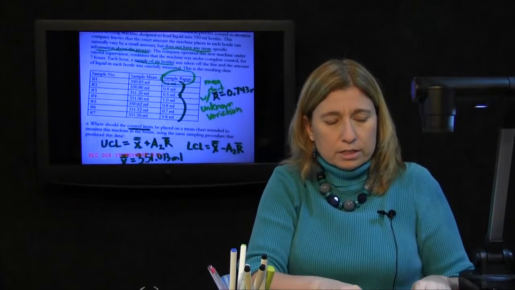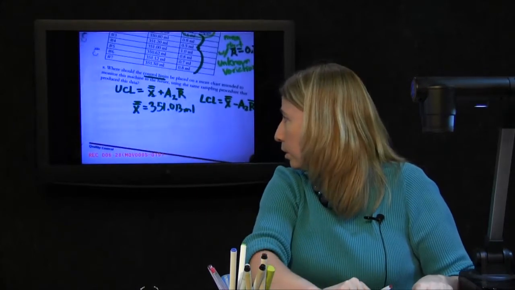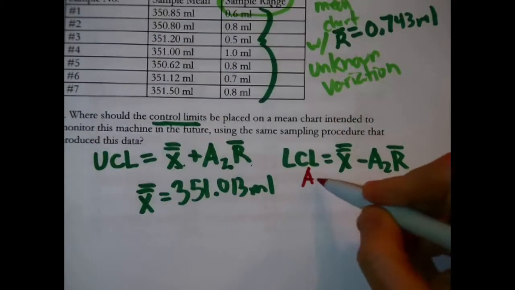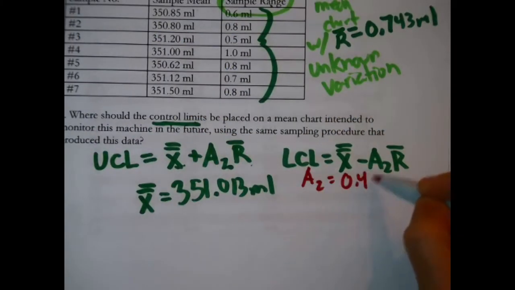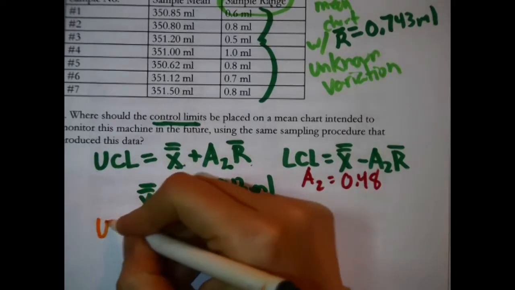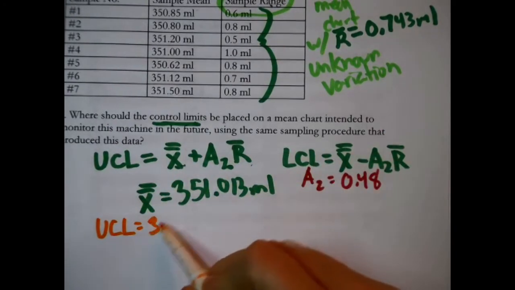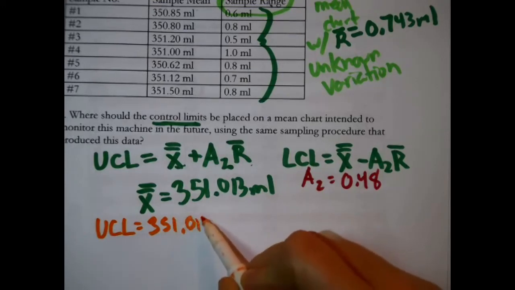You know, we're collecting up the numbers to use in this formula. We're almost done. A2 should equal 0.48. Oh, finally. Okay, we are ready to answer the question, because we'll say that the upper control limit equals, now I just piece it together, 351.013, right?